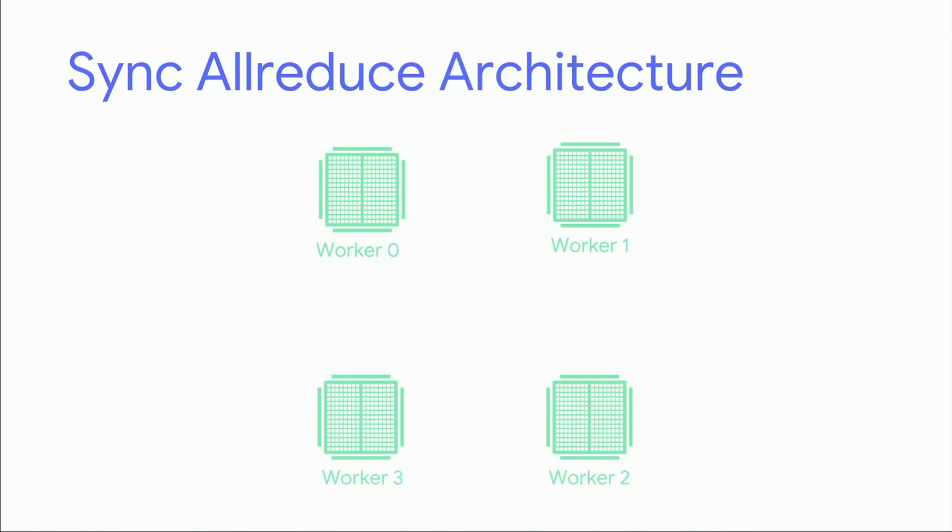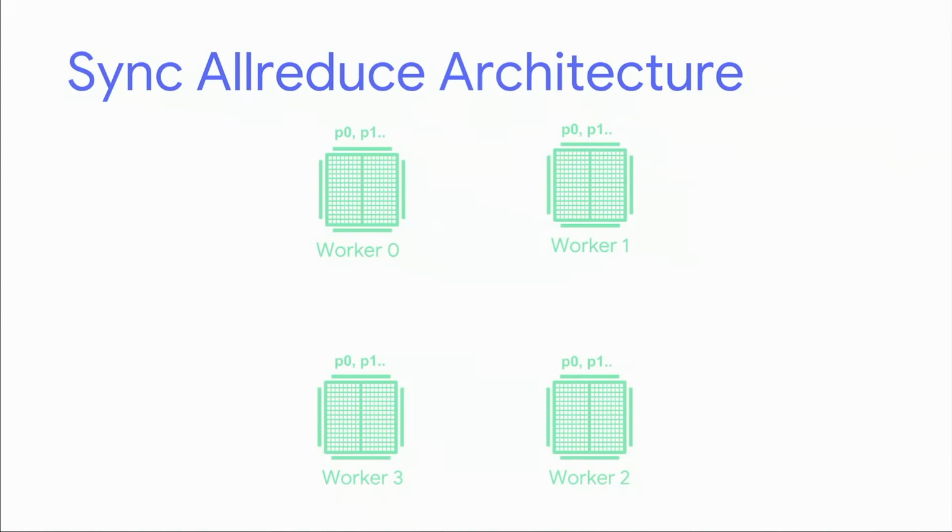The second approach is what is known as synchronous Allreduce. This approach has become more common with the rise of fast accelerators, such as TPUs or GPUs. In this approach, each worker has a copy of parameters on its own. There are no special parameter servers. Each worker computes the loss and gradients based on a subset of training samples.